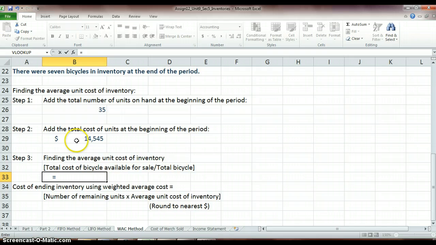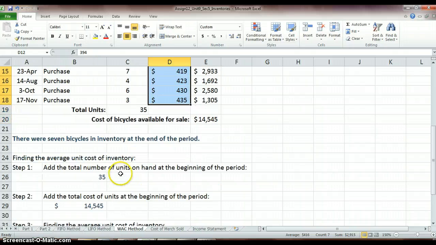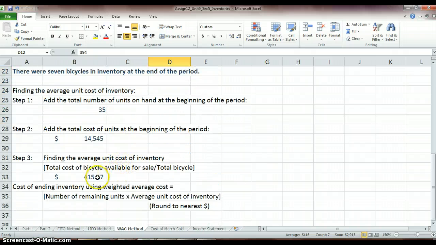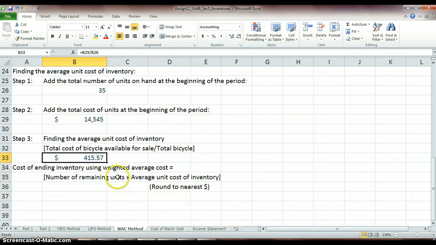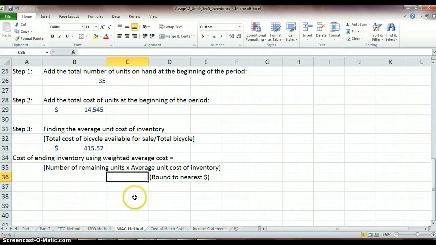We want to do total cost divided by total number of bikes, and now we just found the average cost per unit of inventory. These are the specific prices we paid per unit, then we simply found the average cost that we paid per unit. Now we need to take that amount times however many units we have left over, so 7, to find out the total cost of inventory that we have left over.